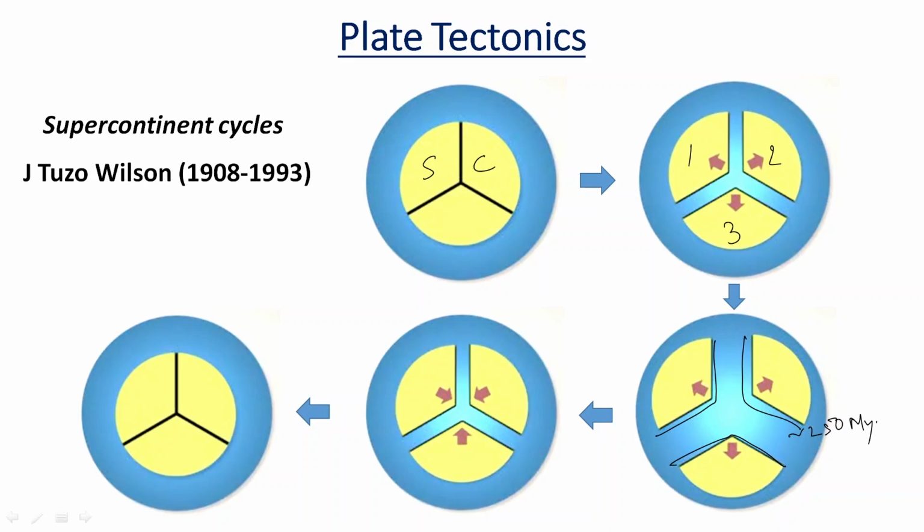So, as the ocean floor grows old up to near about 250 million years, these continental margins that are present along the margin of the oldest oceanic lithosphere will now get transformed into convergent margins. Why? Because obviously the 250 million years old oceanic lithosphere is the oldest as well as the most dense ocean floor material that we can find on Earth.